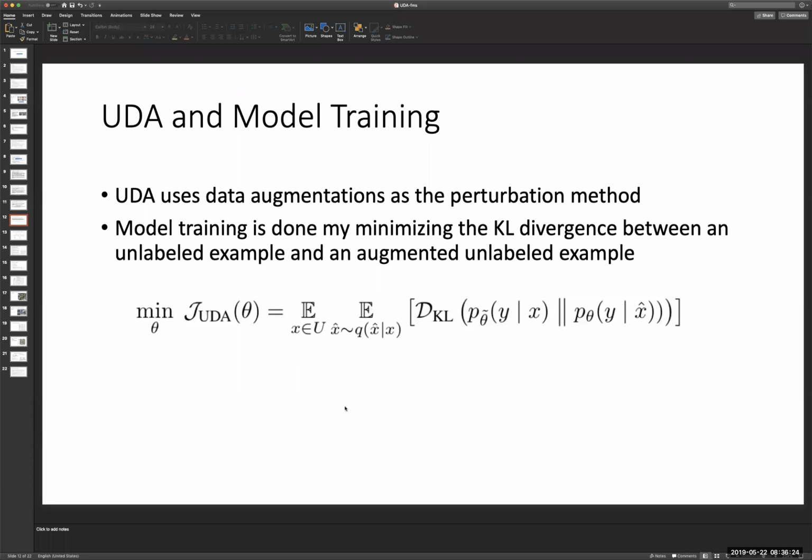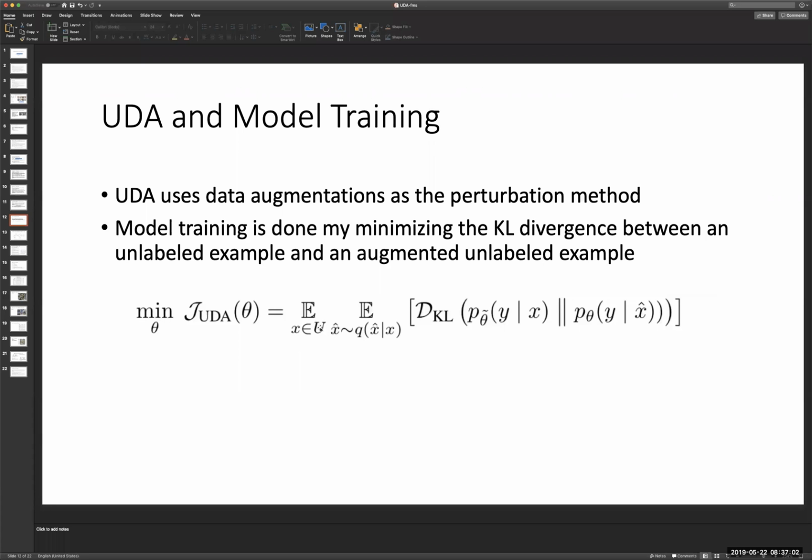And if you look at this equation compared to our previous supervised equations, there are some similarities. There are these nested expectations, an outer expectation and an inner expectation, but now the argument of the expectations is the KL divergence. And the outer expectation, as you see here, is over X within U, the unlabeled portion of the training set.